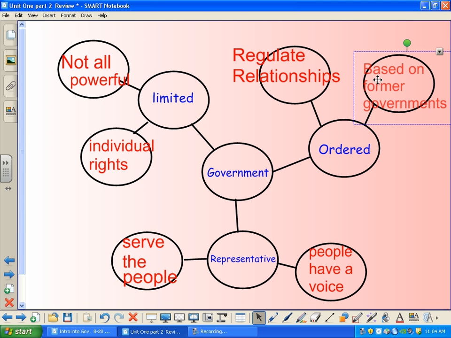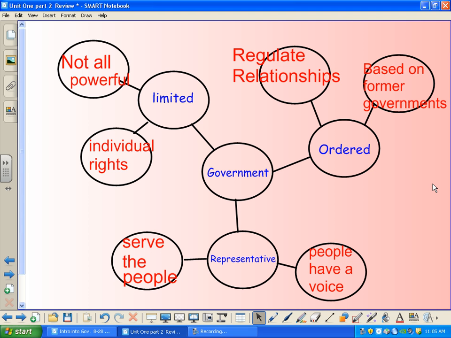Then these are based often, or most likely, on the way we were governed, our former type of government. For us, that's an English origin, and we often follow or use a lot of the same ways of doing business and government that they gave to us originally.